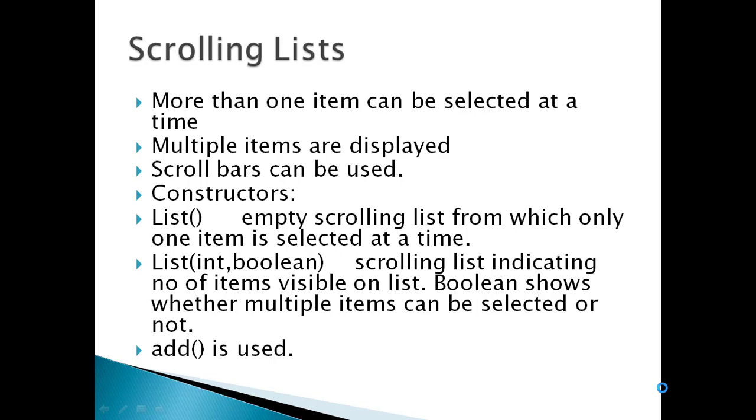By default it is false. We need to provide true. Suppose we have provided the true value, then multiple select is on and we can select multiple list atoms. Otherwise we can't select multiple atoms, we can select a single atom at a time.